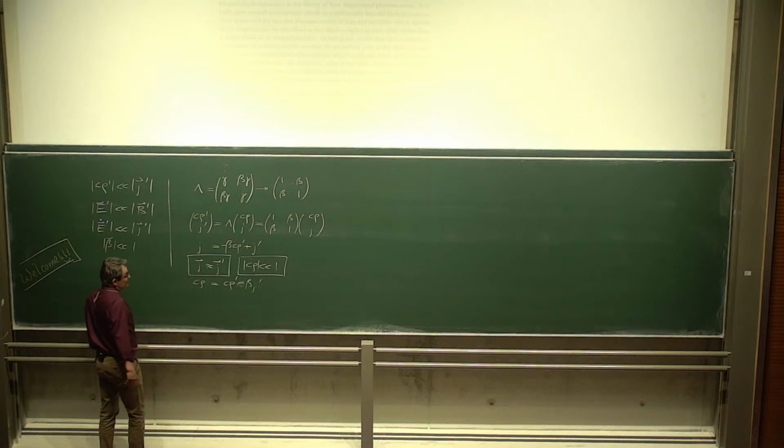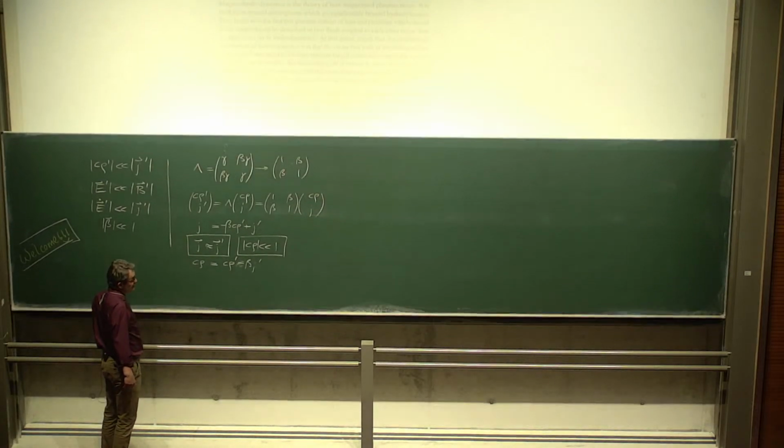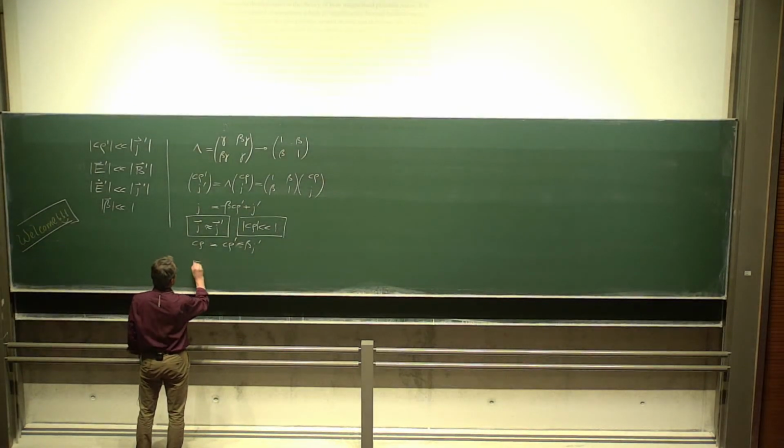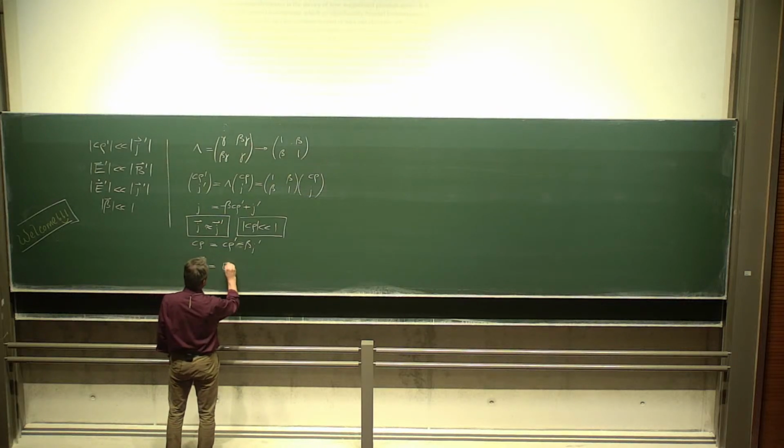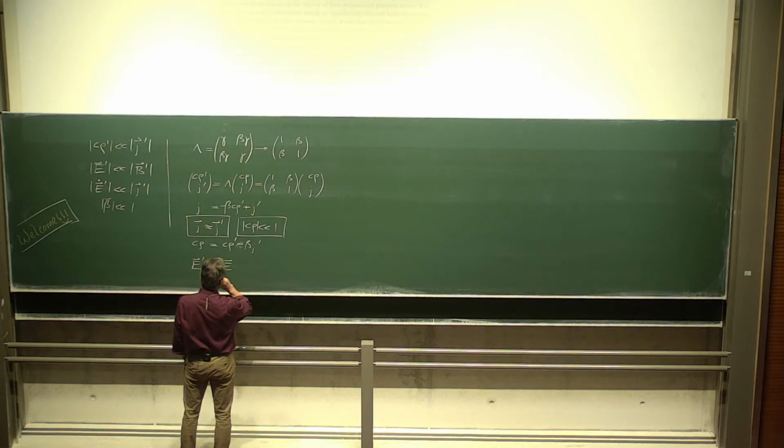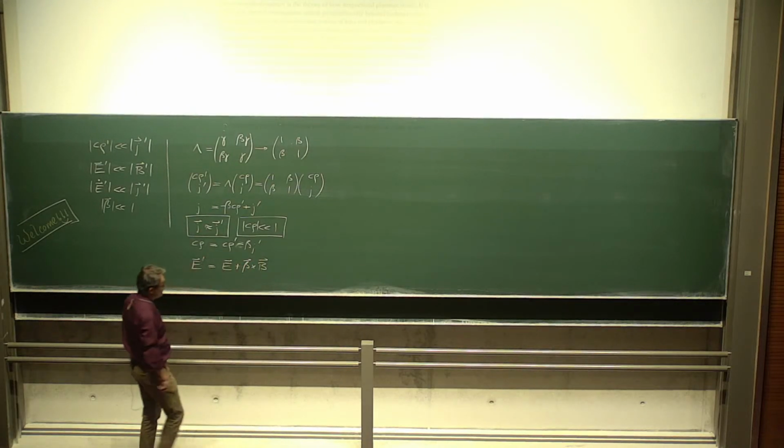Nonetheless, now we need to see how we relate the electric field E prime to the electric field E and the magnetic field B in the laboratory frame.